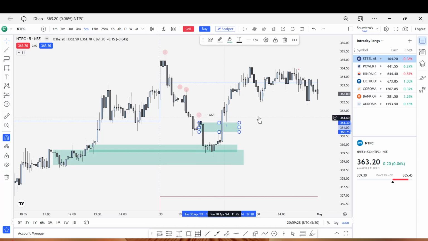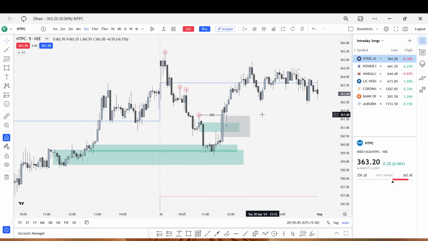So combining this, we take somewhere in the middle the entry point. So this was our fair value gap, bullish fair value gap, and we entered somewhere from here, 361.5.